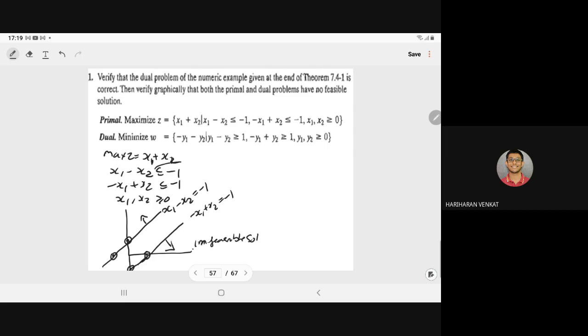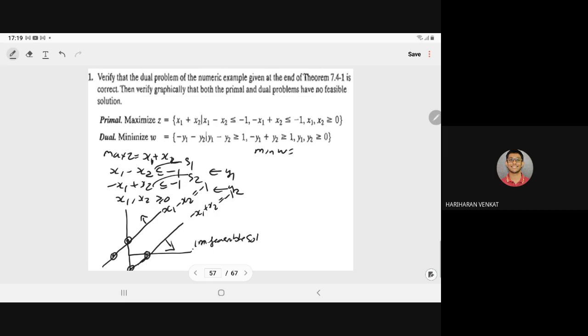if you add the slack variables s1 and s2, and the associated dual variables y1 and y2, what will be its dual problem?